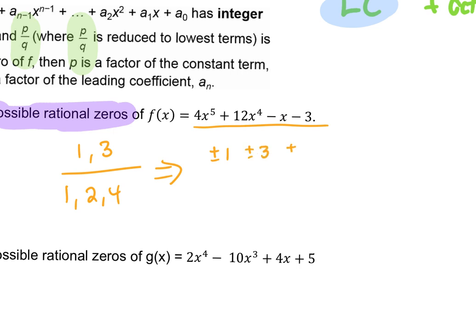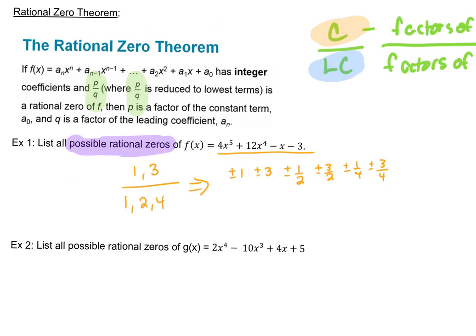I need to consider the positive and -1 over 2, positive and -3 over 2. And then I need to consider positive 1 over 4 and positive and -3 over 4. So from making our list of what the factors are, then we can make the full list of, here are all of the possible rational zeros.